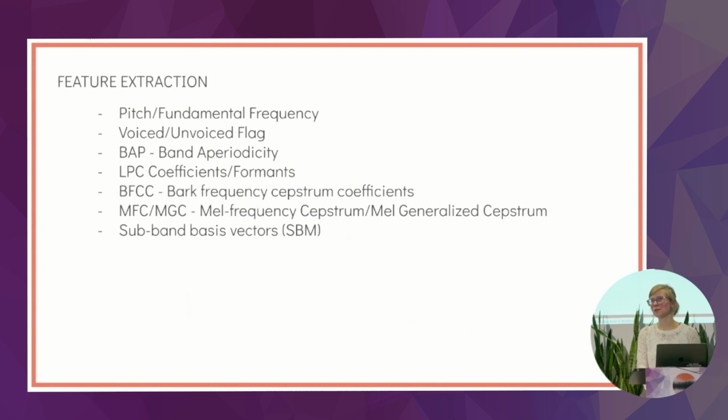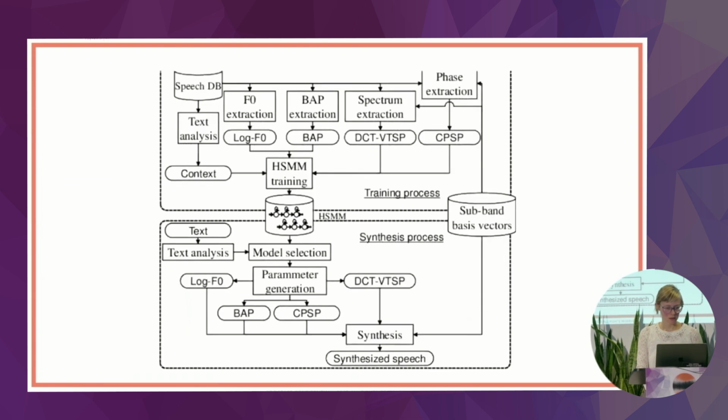It's all similar in that these are all different ways to explain the power of different frequencies in a speech signal, which is what you need to reconstruct that speech. It's just those ratios of different frequency bands. But these are just different ways of encoding that.